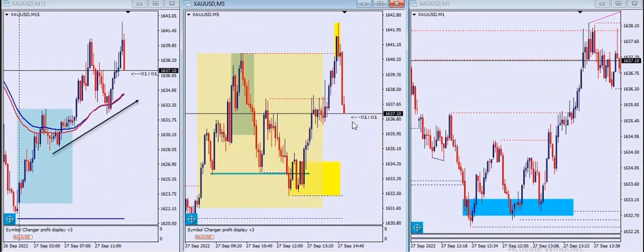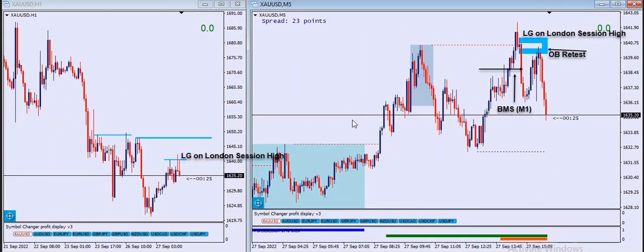Let me leave this. Then it's almost the same thing as what happened on Euro JPY happened on gold. You see the liquidity grab here on the higher, 1 hour time frame.